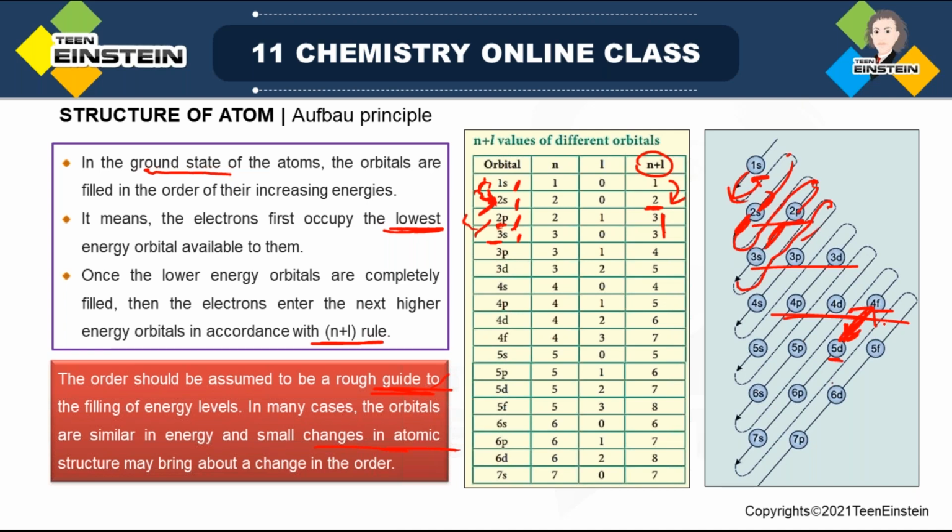Sometimes the energy difference between these two consecutive orbitals is so low that the next higher energy orbital is filled first. That is, theoretically 4f should be filled first, but 5d is filled first. You will find mostly those examples in d block elements. But in 90% to 95% of cases, obviously the Aufbau principle is followed.